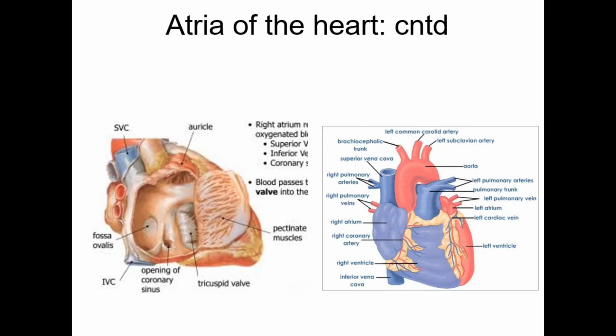The blood enters the left atrium from the pulmonary veins. Here lies the left atrium, and these are the left pulmonary veins. These are the right pulmonary veins.